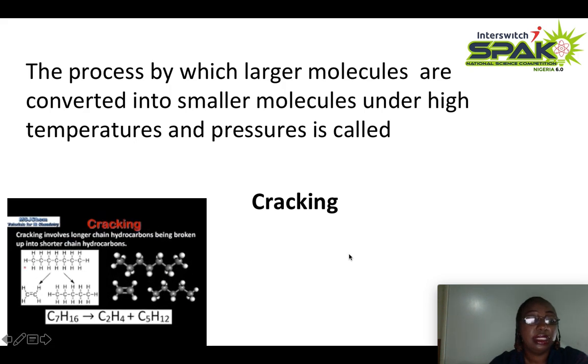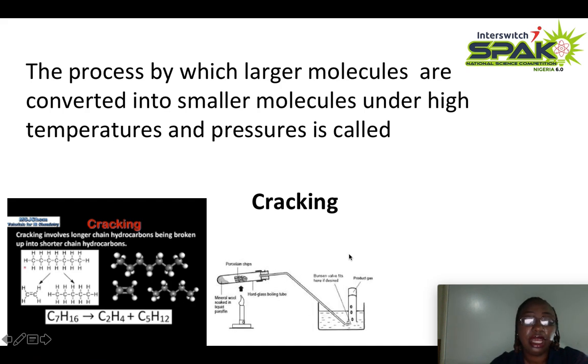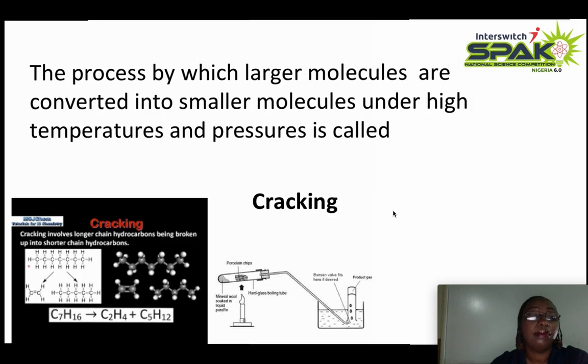Now, this is an example of cracking. Here we have heptane broken down to ethane and pentane, and we also have the diagram of cracking here. So this is known as cracking.